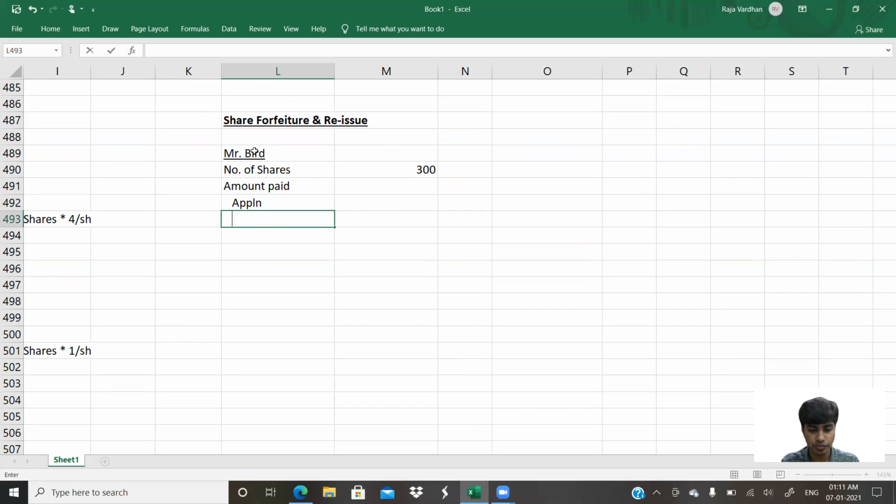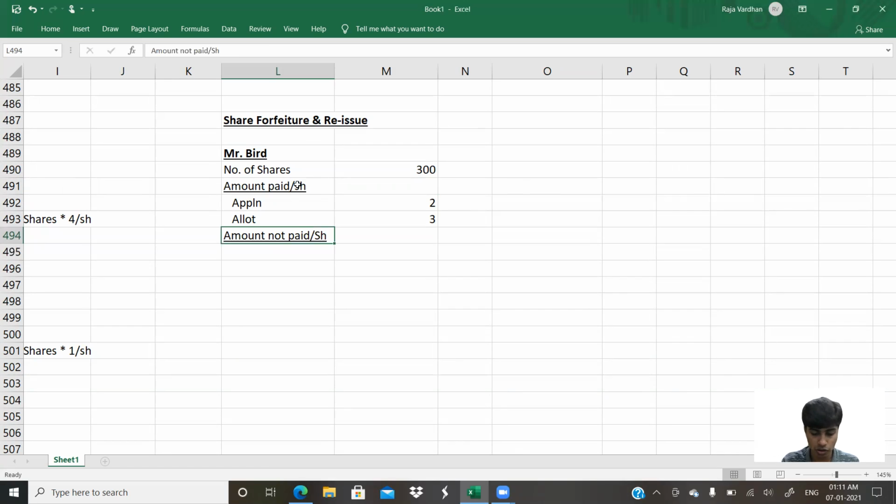Application. Allotment. Per share, how much did he pay per allotment and application? 2 rupees and 3 rupees, isn't it? Yeah, 2 and 3. Amount not paid per share.